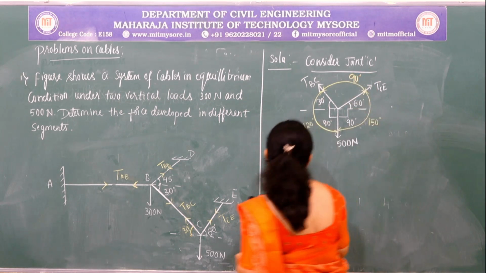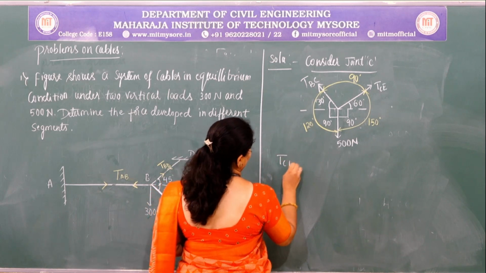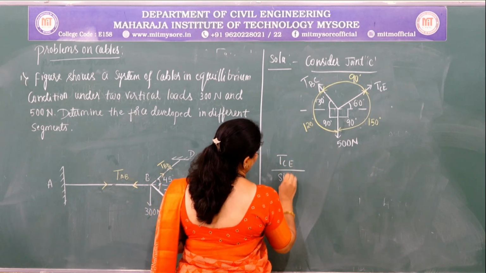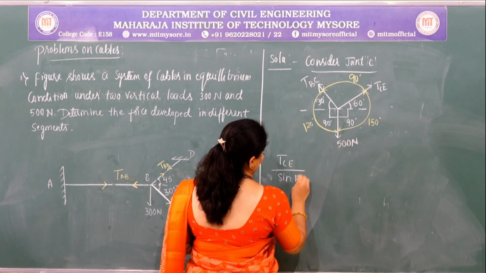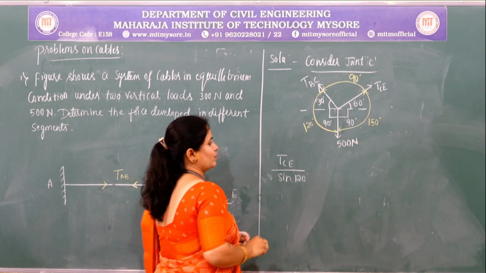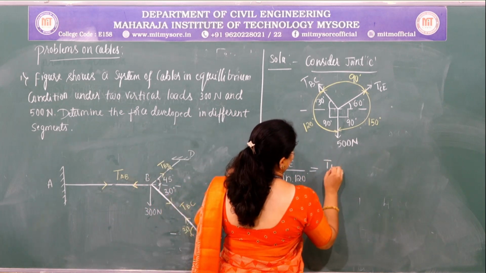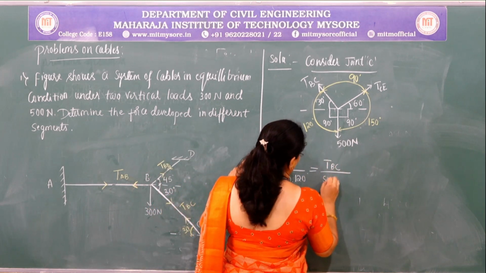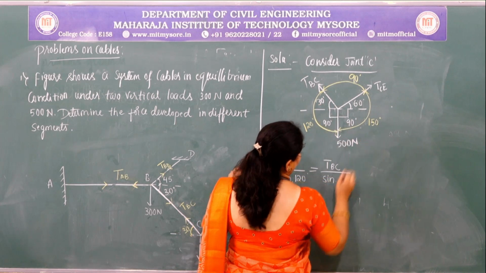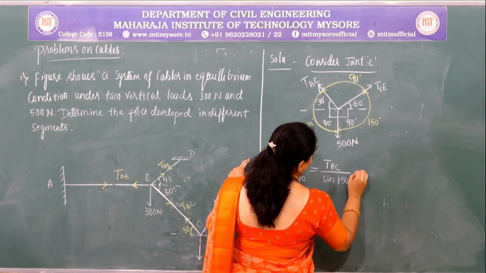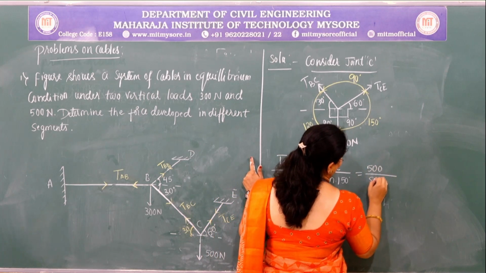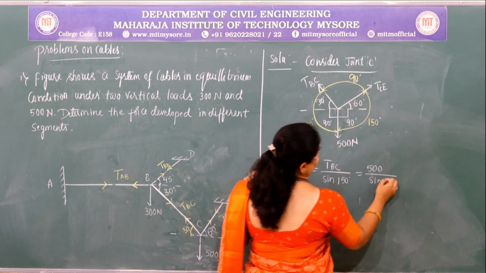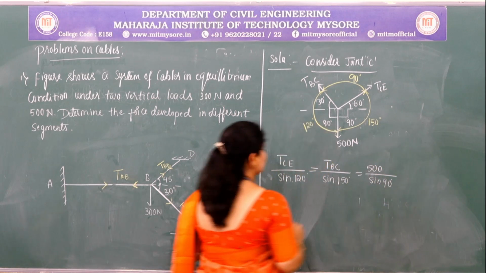So apply Lami's theorem. TCE divided by sine of angle between the other two. So this is the considered force, and the angle will be sine 120. Second one is TBC, and sine of the angle between the other two is 150, which is equal to the third force, 500, divided by the angle between the other two, which is 90, that is sine 90.